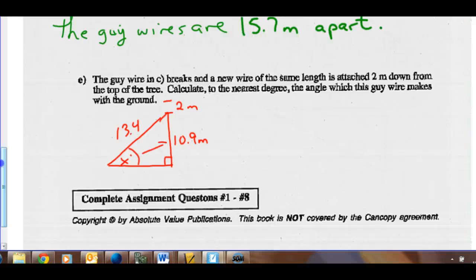From x, I know the opposite and I know the hypotenuse. The trig ratio that uses opposite and hypotenuse is the sine ratio. So the sine of x is equal to opposite 10.9 divided by hypotenuse 13.4. How do I find that? I go to my calculator.